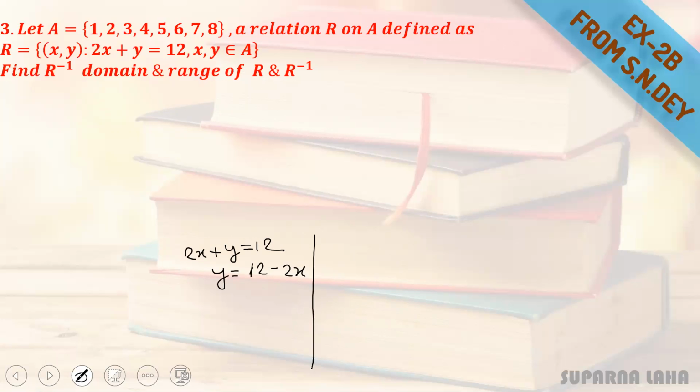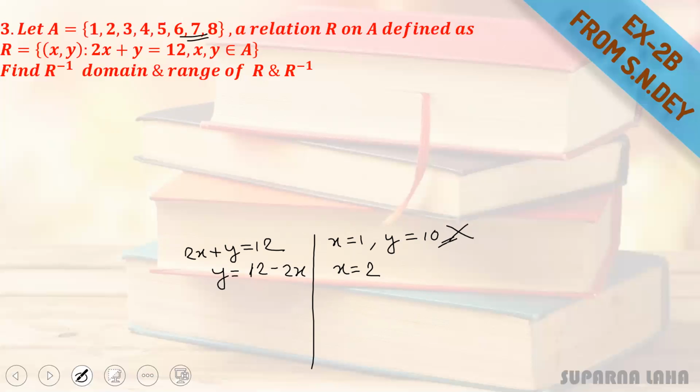So firstly, take x is equal to 1. The elements that belong to the set A, we will take those elements. So if x is equal to 1, then 12 minus 2 is 10.